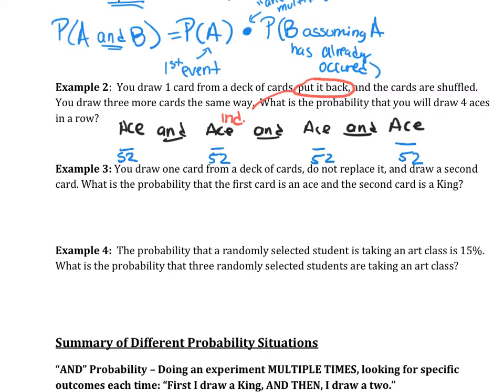And since we have all 52 cards to choose from each time, how many aces are in a deck of cards? 4. So 4 would be our numerator each time. And then since it's and probability, that means we're going to multiply.